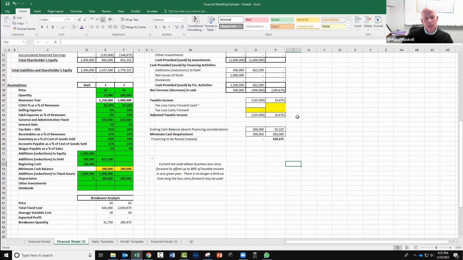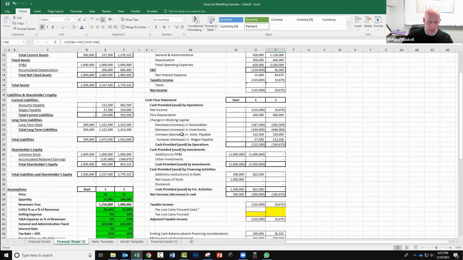In this case, instead of taking on new long-term debt, I'd like to think about raising this 169,675 through a credit line. But I need to have a credit line assumption represented on my assumptions tab. And if I have that, I have to have a credit line assumption on my financing activities, and I have to have a credit line on my balance sheet.